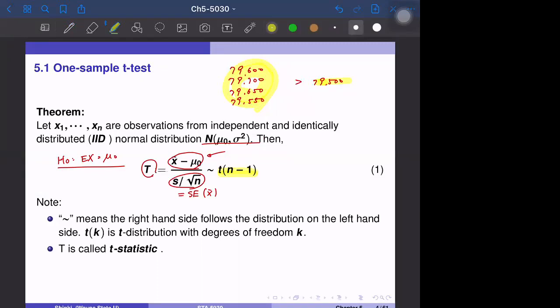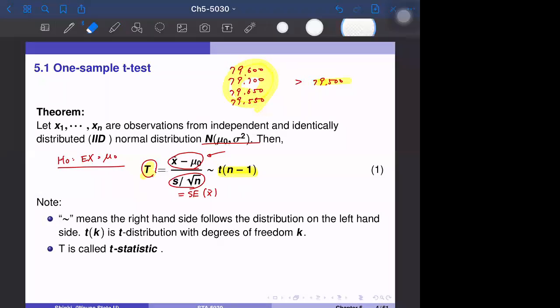So if the capital T is a really extreme value of the T distribution with df n minus 1, then we can say that H naught is unlikely, because if H naught is true, this capital T should fall in a typical range of T distribution with df n minus 1.